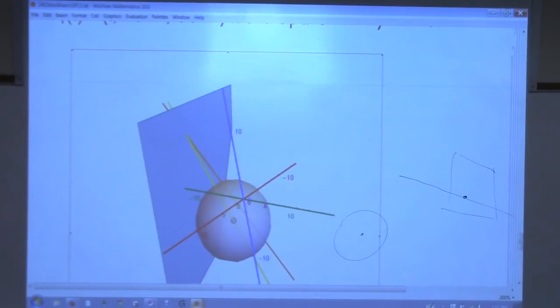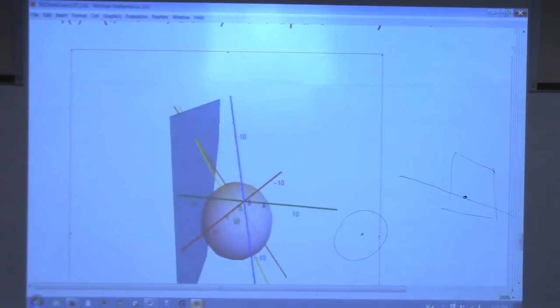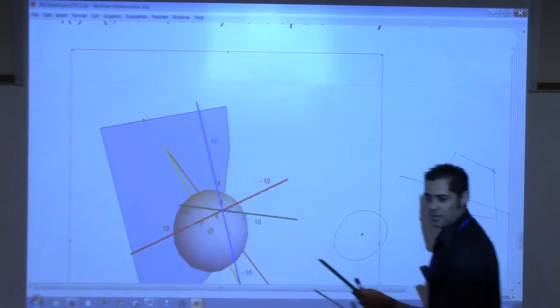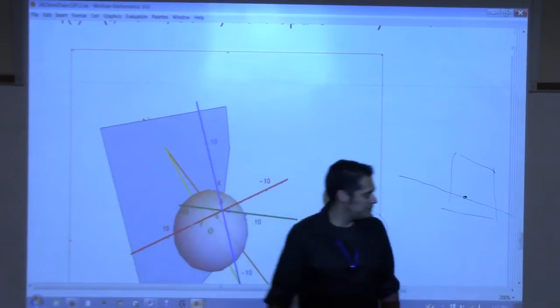This orange line is the one that's given. It hits this plane somewhere, so you're trying to find the yellow one. It's the one from this point to the center of this sphere. I hope that makes sense. You have to make the rest of the sense out of it, all right?